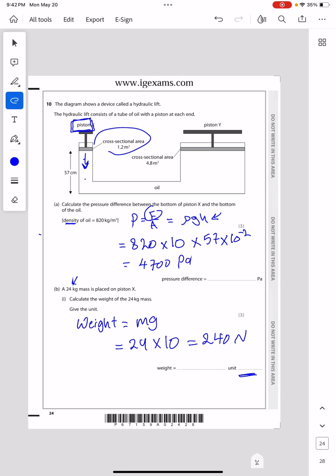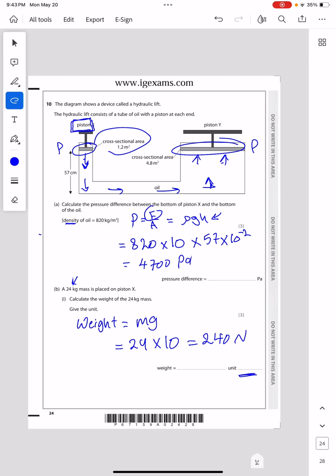And then this pressure is going to be transferred till this point here. It's going to be impacting this area. And we know that this is one of the principles of pressure in fluids: pressure here and pressure here are equal. P here and P here, they're equal.